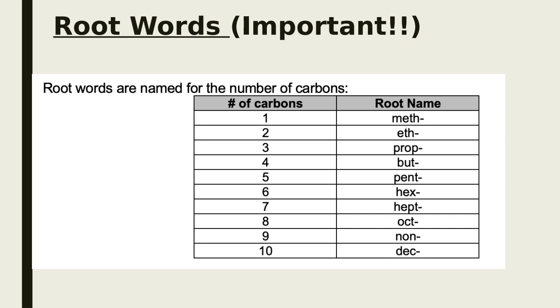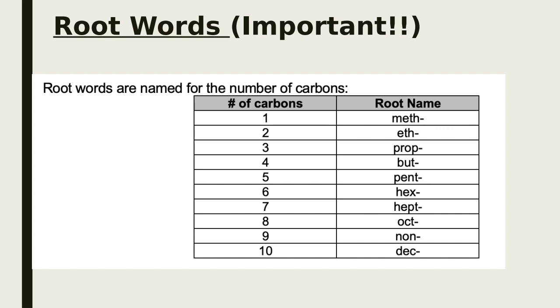It is expected that you know the root words that indicate the number of carbons in these organic molecules. Many of these root names are familiar to you. You've seen or heard of them already when we did nomenclature last year in grade 10 science, or grade 10 or 11 for covalent molecules.